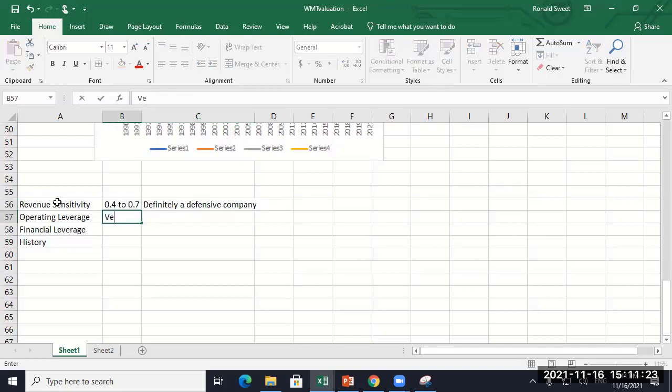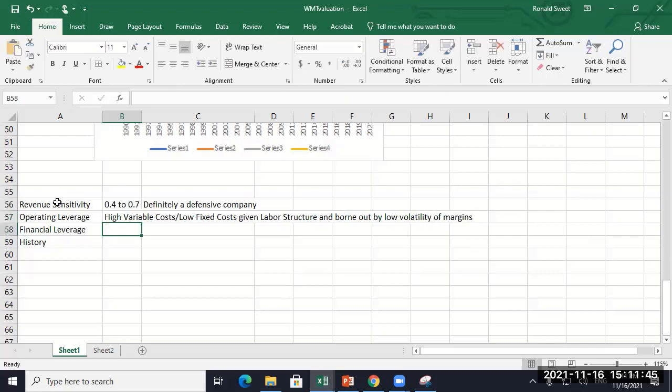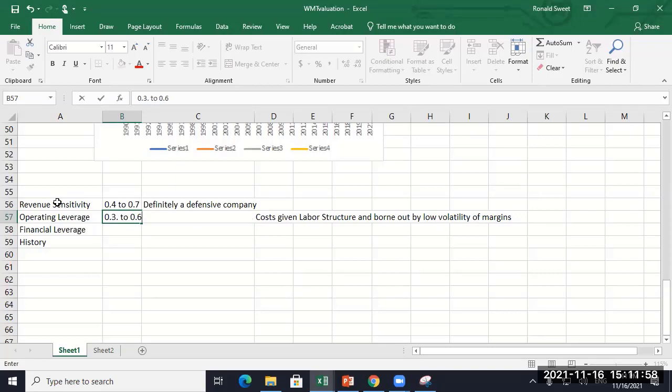Operating leverage, high variable costs, low fixed costs given labor structure, and borne out by low volatility margin, something like that. Financial, so range 0.3 to 0.6, so that's going to bring it down some.